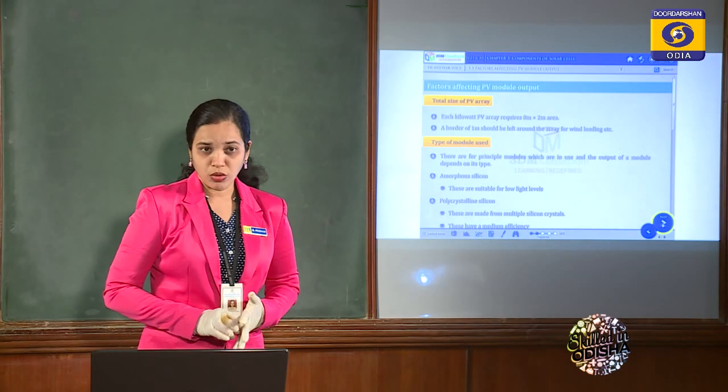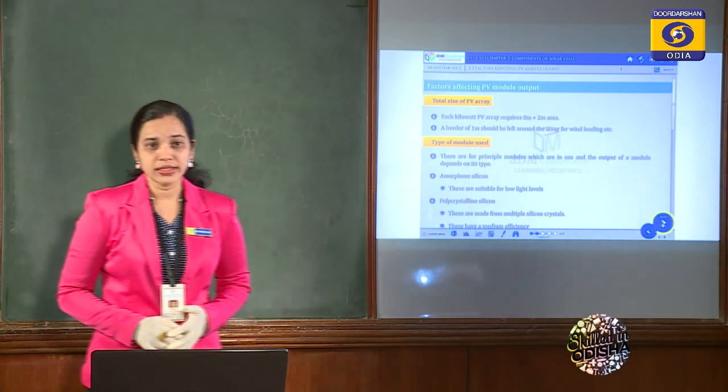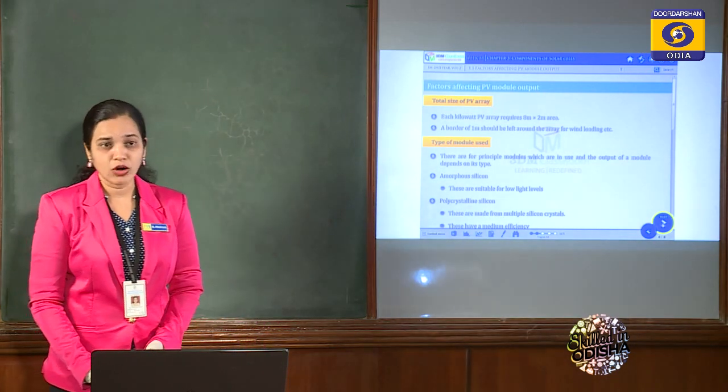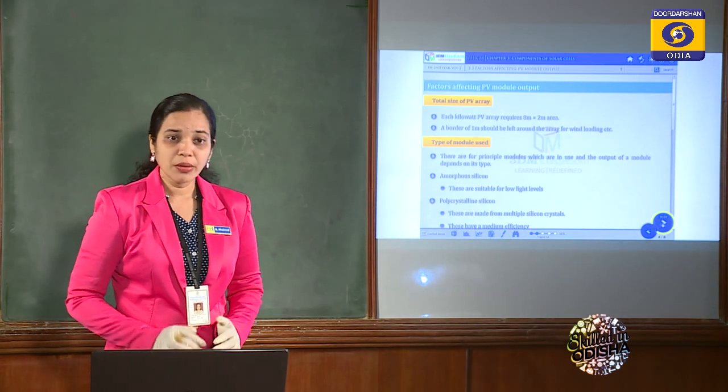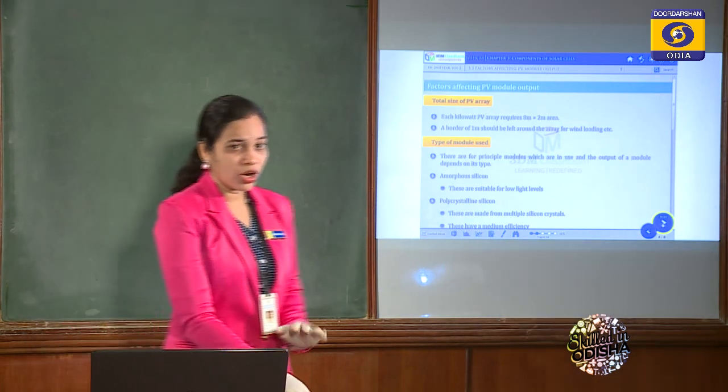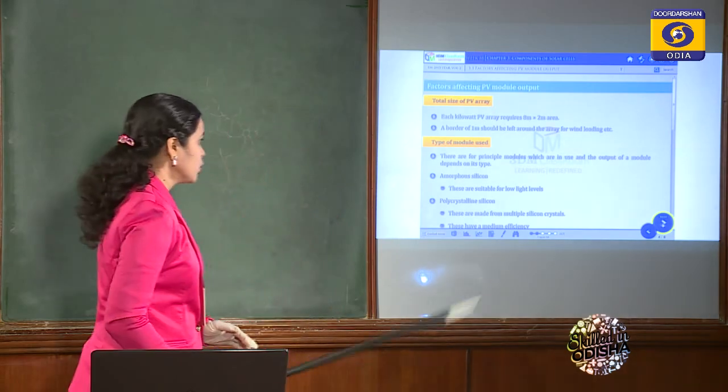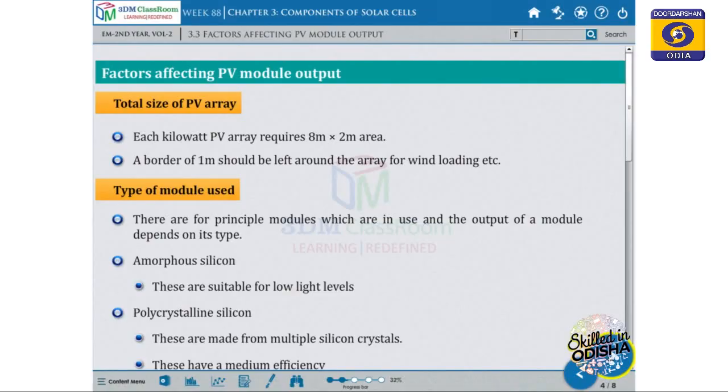Monocrystalline photovoltaic cells generally give high output, and polycrystalline photovoltaic modules give medium output. So our output depends on the type of module we are using.